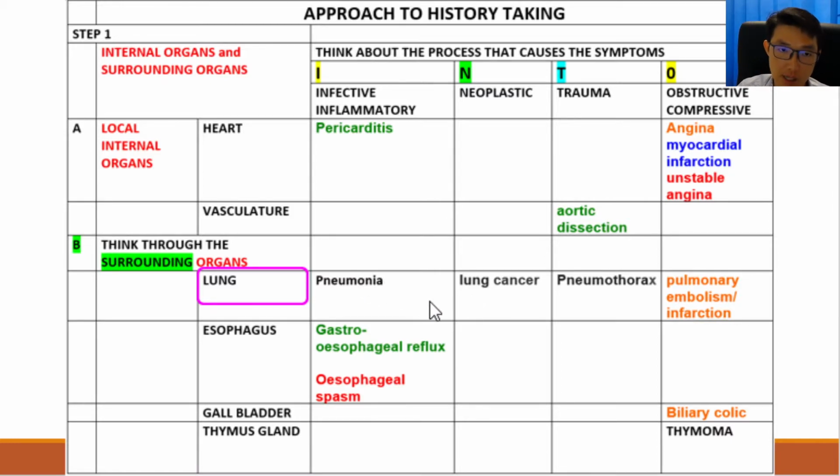Infective process includes pneumonia. Neoplastic process includes lung cancer, obviously with invasion causing pain. Trauma causing pneumothorax can also present with chest pain. An obstructive process in the vasculature of the lung would cause something called pulmonary embolism or infarction.